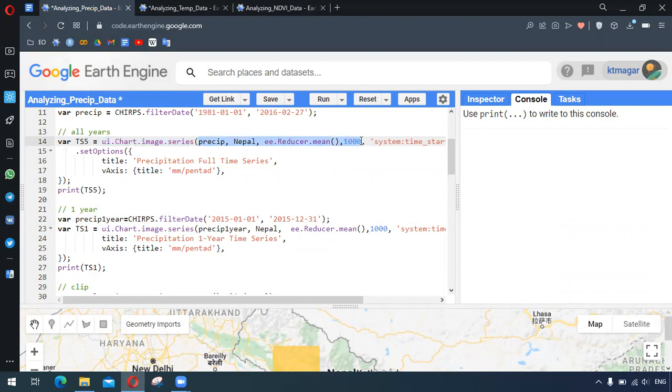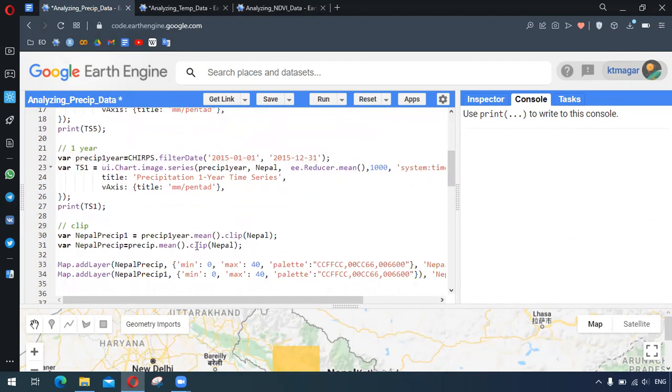This is a helpful way to do graphs in Earth Engine. It is a very easy way to do it. And the area can be clipped. For example, here we are clipping the precipitation for our country, Nepal, and we are finding the mean. This has been done for a single year and for the range of years. So two different clips here.